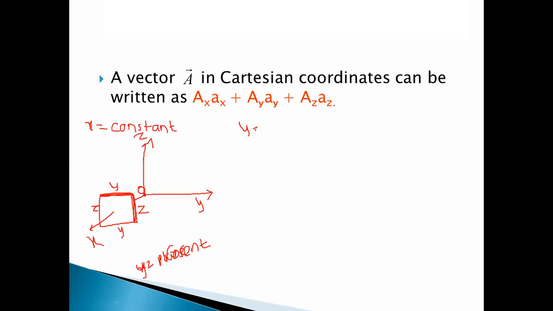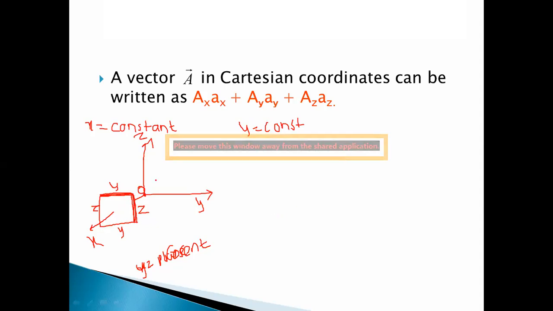Now the y is equal to constant. When we are considering y is equal to constant, again you have to draw a plane which is perpendicular to the y-axis.